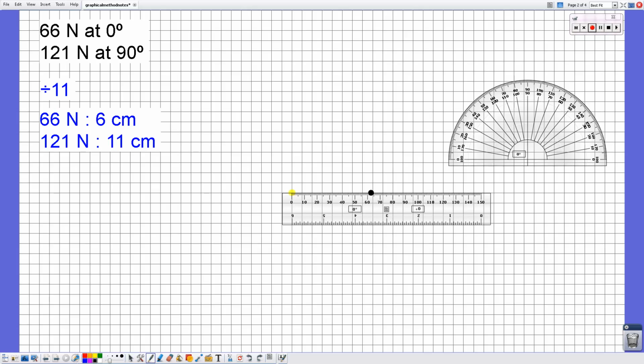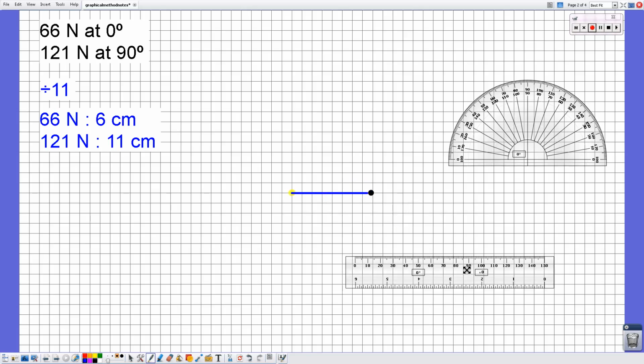I'm going to go from here to 60. That's a little thick. I'm going to do that again a little thinner. 0 to 60. Beautiful. Notice that didn't go all the way to my dot because I don't care. The dot just showed me what direction to go in.